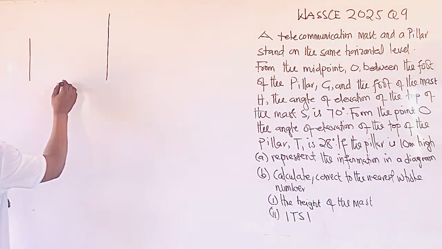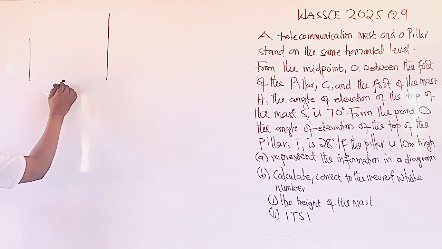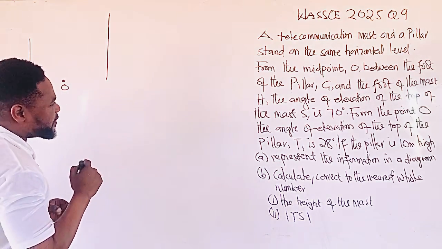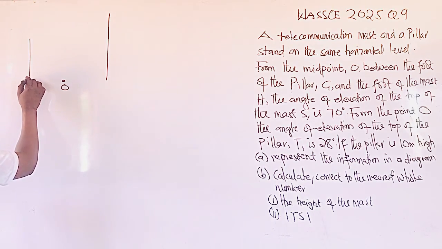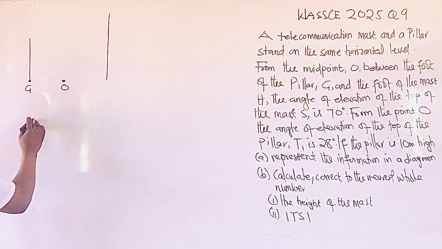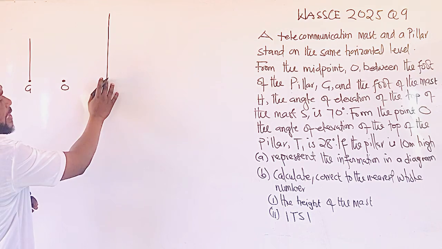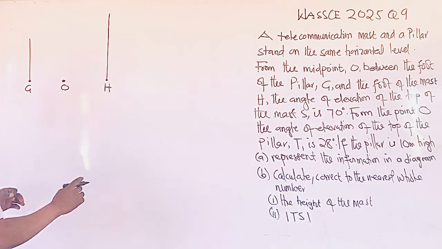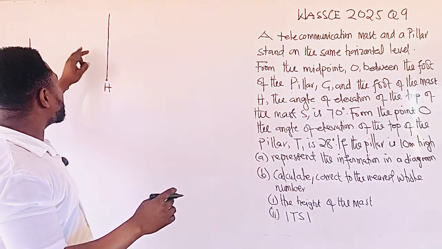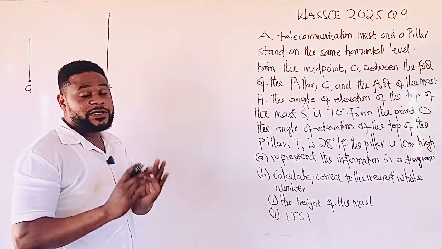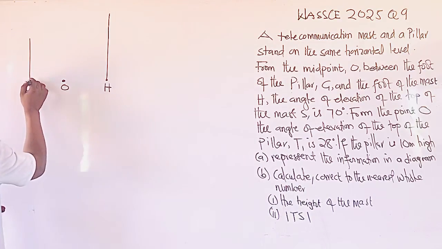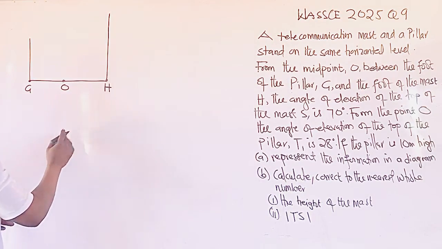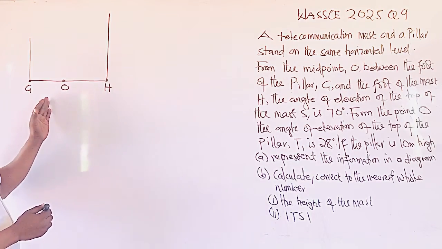We have been told that the foot of the pillar is G, so we put G here. The foot of the mast is H, so we put H here. Since the pillar and the mast are on the same horizontal level ground, we can join a line from here to here.